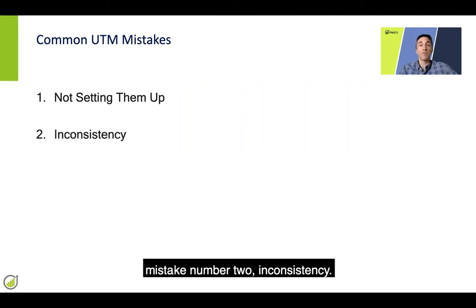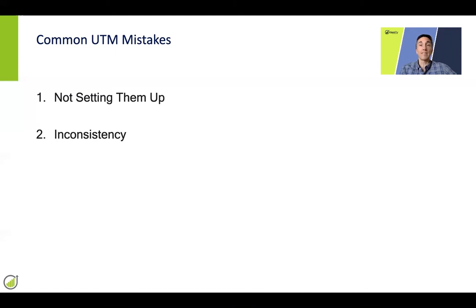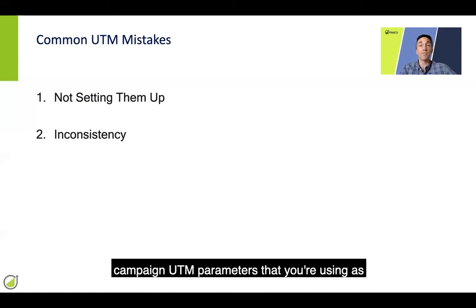Common mistake number 2, inconsistency. So when you are setting up your UTM parameters for your paid search ads that are running on Google, you want to make sure that you are very consistent in the medium and source and campaign UTM parameters that you're using, as well as the term and content.